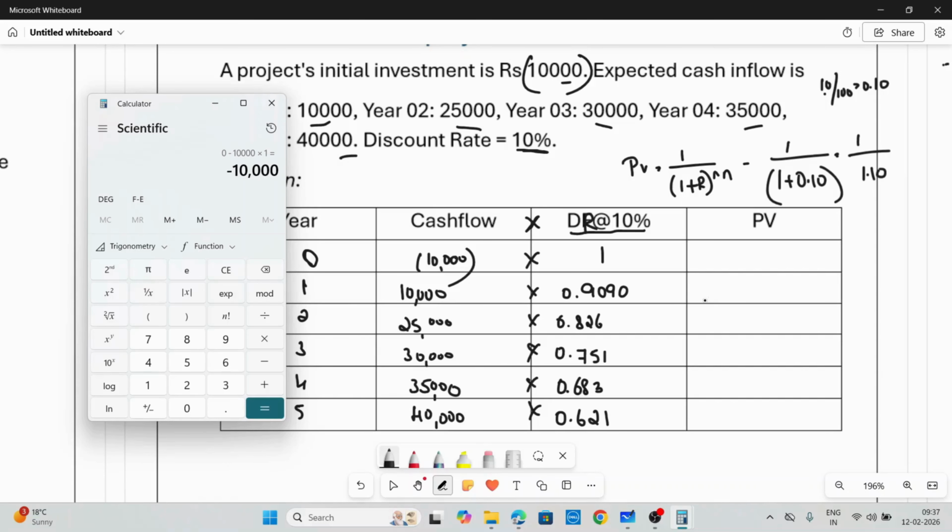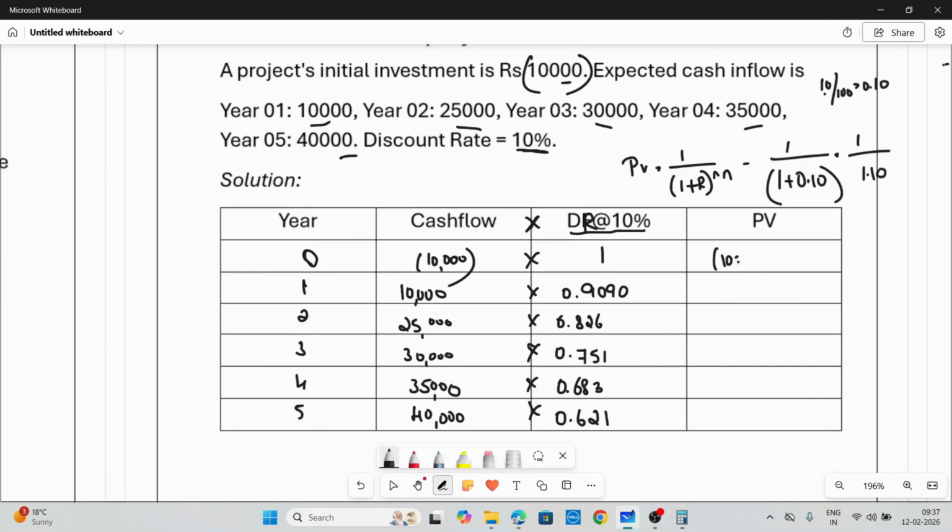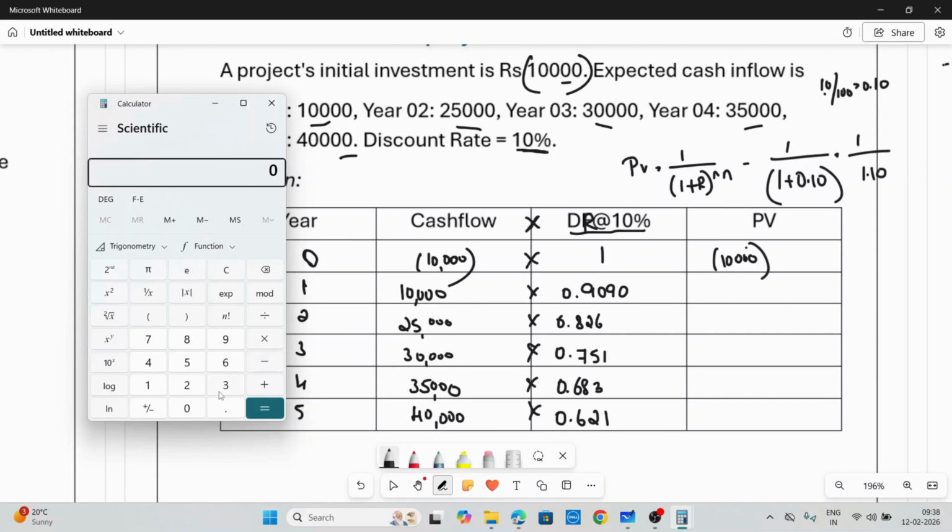It's nothing but minus 10,000. 10,000 into 0.9090.